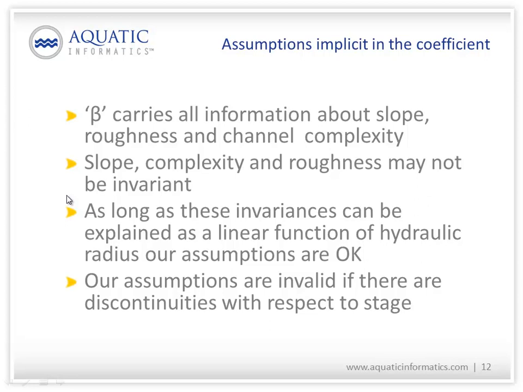So if we're looking at photographs of the channel control through time, we may see that the factors affecting roughness have changed. Based on what we see happening in the field, we know whether the curve would be expected to move to the right or to the left.